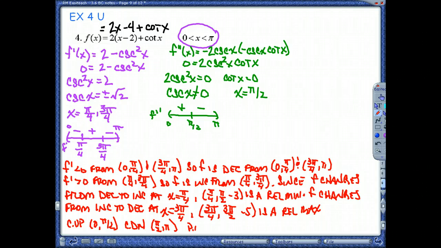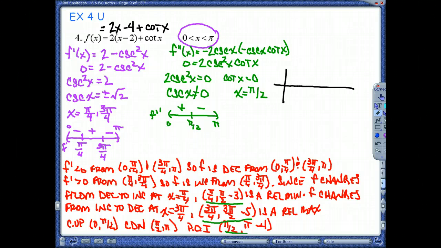You do have a point of inflection because you do have a concavity change at pi over 2, comma, pi minus 4. Okay, so we have some points that we can graph. We've got a max, we've got a min, and we've got a point of inflection. So once again, I apologize, I did not finish my sentences. I'm kind of running out of room here, and I know you wanted to see the picture.